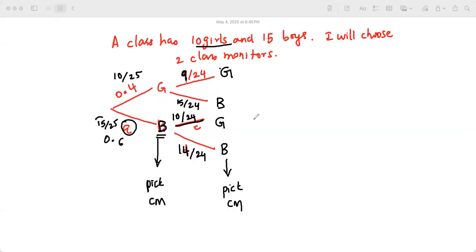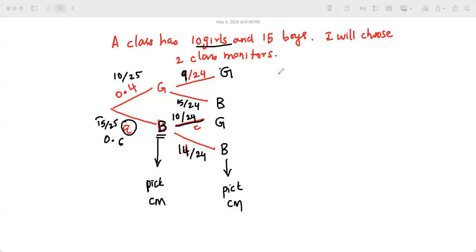And the boy being picked is 15 out of 24. The second class monitor, after the boy gets picked up as the first class monitor, the probability of getting a girl as a second class monitor is 10 by 24. And the boy being picked is 14 by 24. Did you note that down?